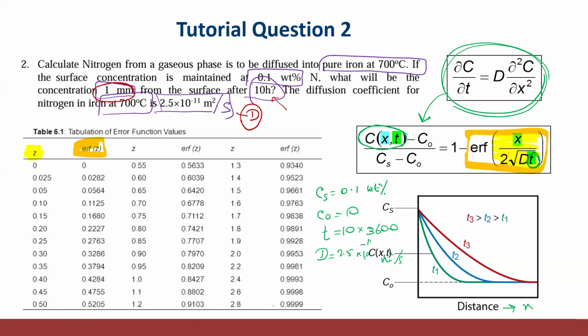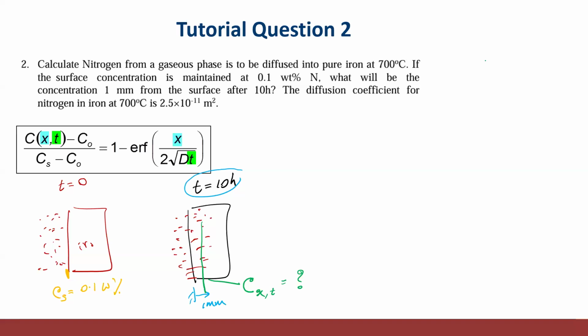So can you find me this inside part, which is z? X divided by 2 root Dt. What's that? So this we call the z. X is what? I'll give you a few minutes.